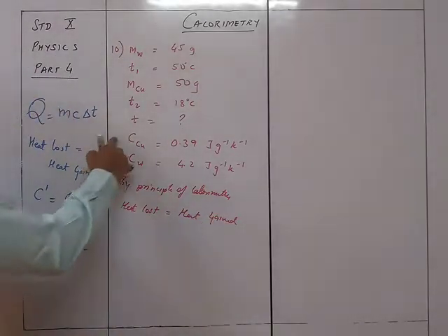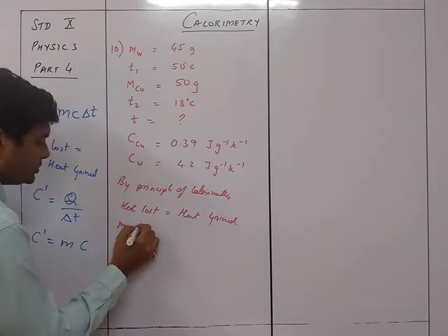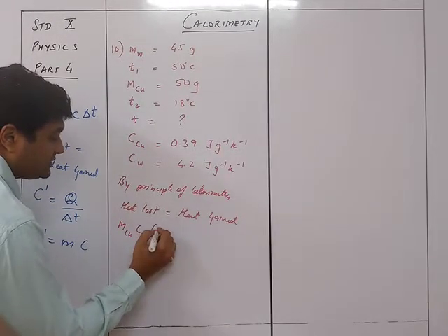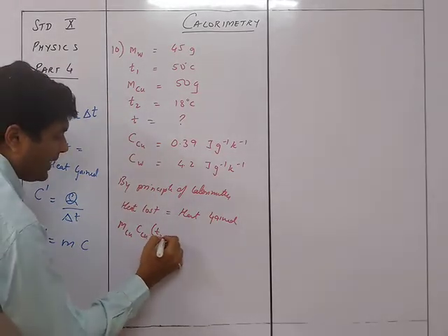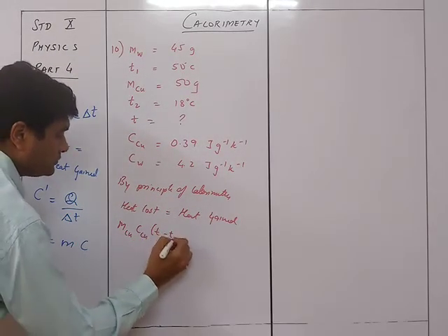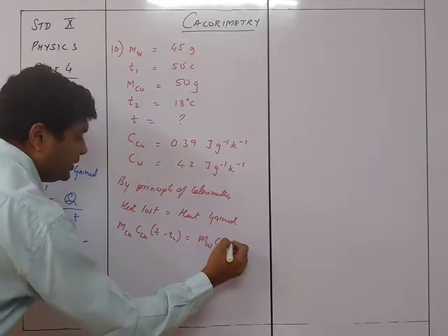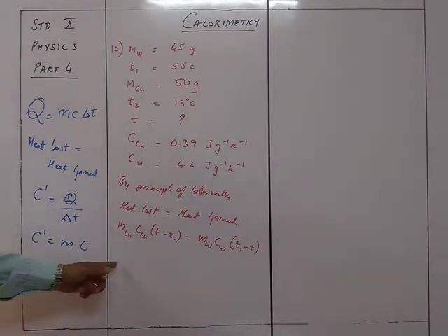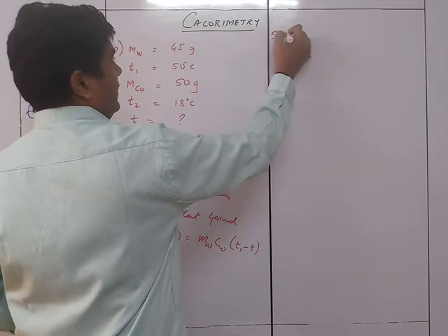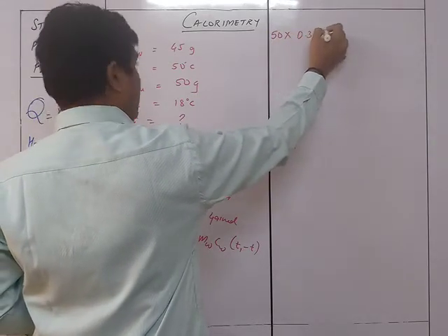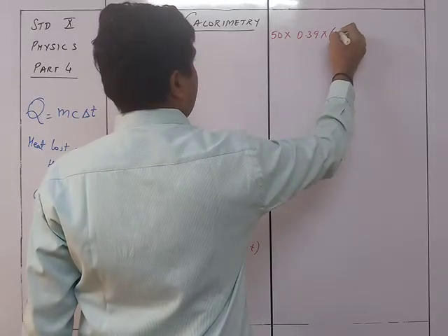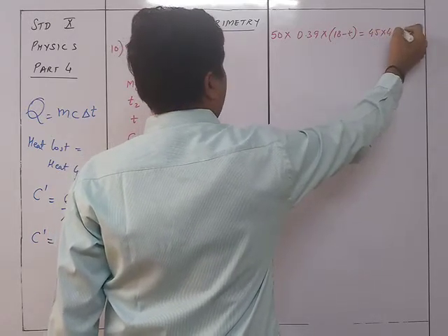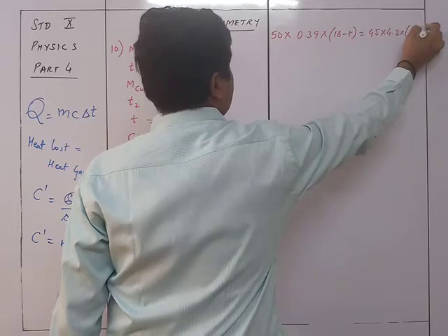The copper is going to lose the heat, so it will be M_Cu C_Cu delta T, or we can write over here as T2 minus T, is equal to M_W C_W into T1 minus T. So Cu is 50 into 0.39 into 18 minus T is equal to 45 into 4.2 into 50 minus T.